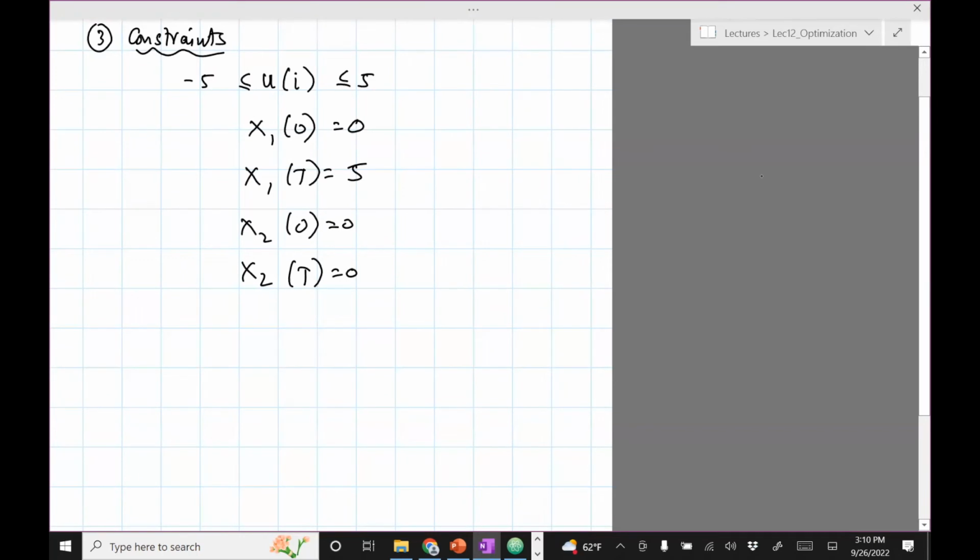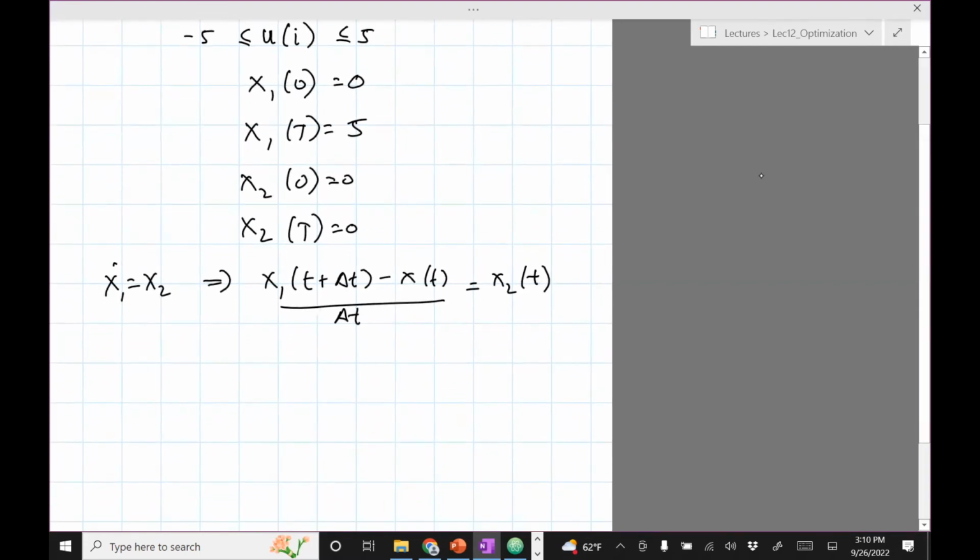Let's get the equations. We have x1 dot equals x2. So what we do is write this as x1 of t plus delta t minus x of t, divided by delta t, is x2. Now I wrote this down for the first time step, but you can write this for every time step, right?